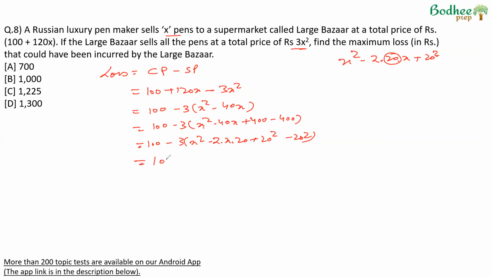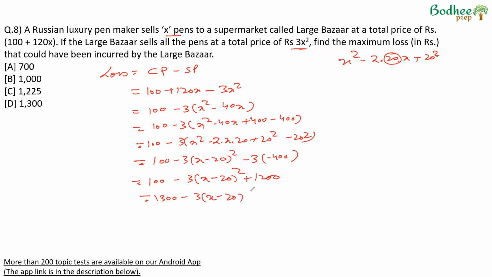So this is equal to 100 minus 3 into X minus 20 whole squared, and this minus 20 square can be brought out of the bracket. So minus 3 into minus 400, which becomes 100 minus 3 into X minus 20 whole squared plus 1200, which is 1300 minus 3 into X minus 20 whole squared.